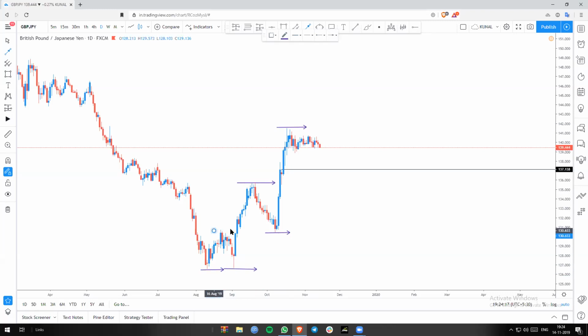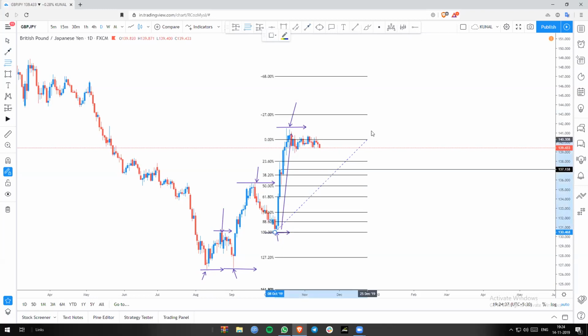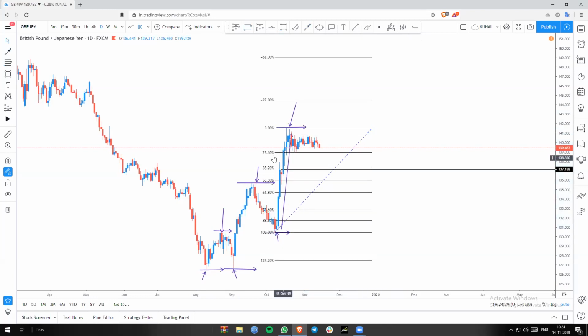Also, this was the low, this was the high, a higher low, a higher high, a higher low, a higher high. So as I see this, and if I take a look at the retracement, it's just 23.6 level. So I would like to see a retracement at least till 38.2.